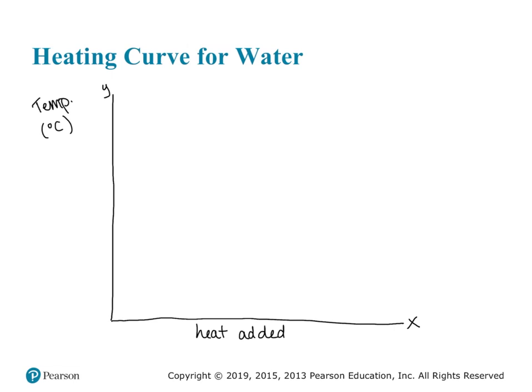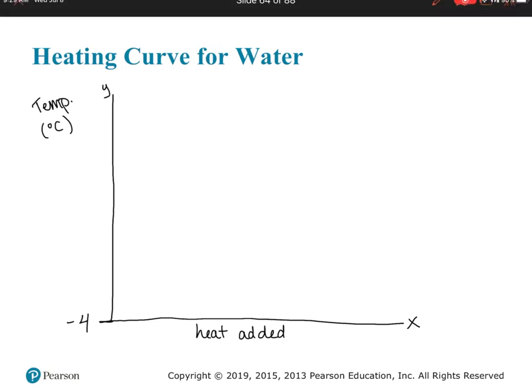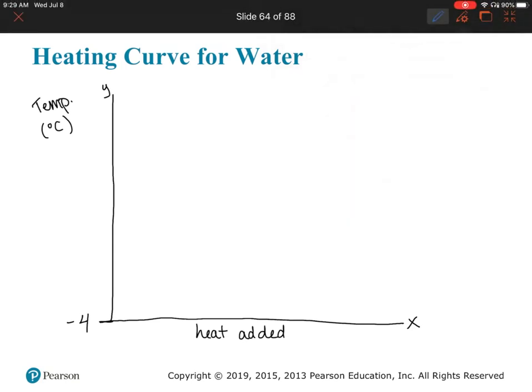Okay, so let's say initially we're starting at a negative temperature. So let's say -4 degrees Celsius. And that means we have ice, because we have solid water below 0 degrees Celsius.